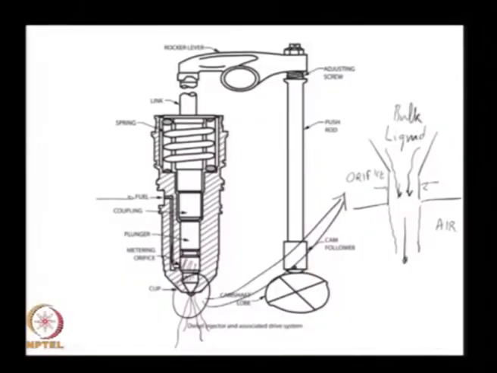This fast moving bulk liquid has some kinetic energy in it. Now, I need some source of energy to break this up, right. As it turns out, in this case it is the air around that is at rest.